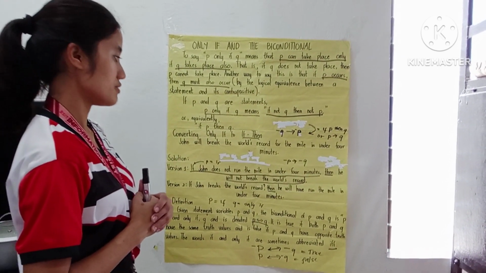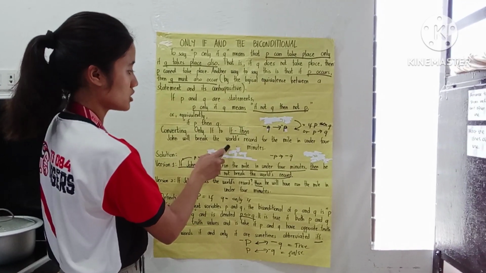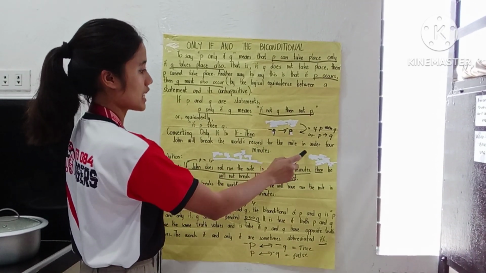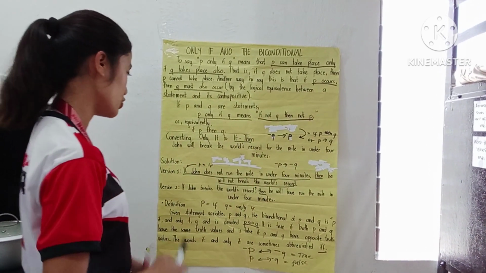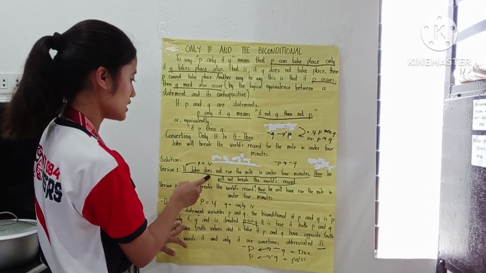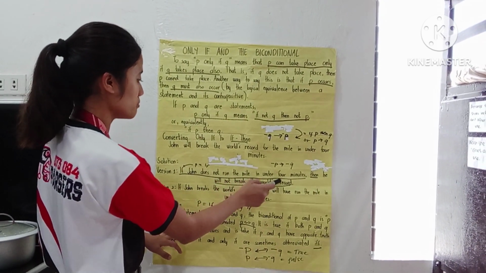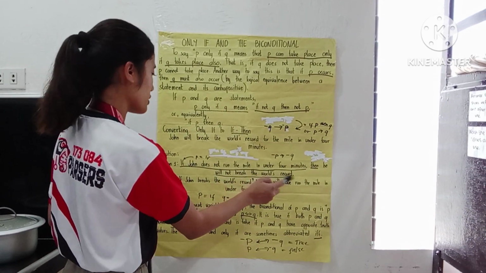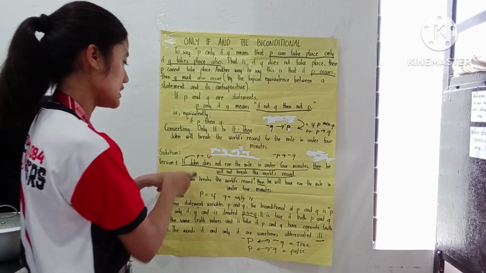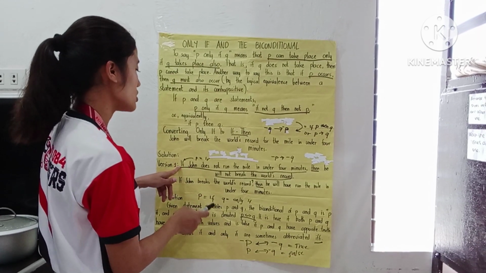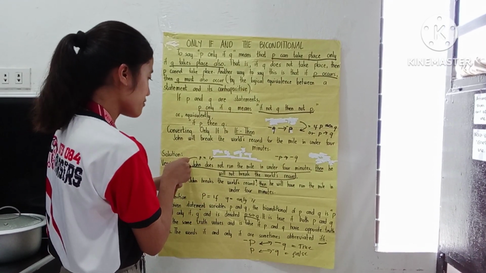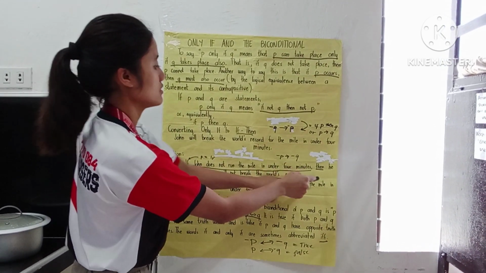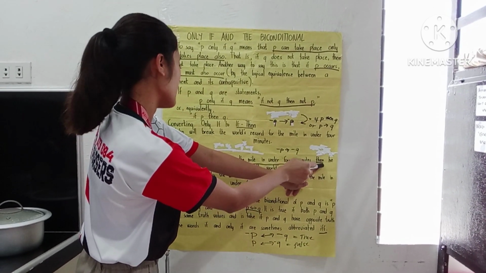Converting only if to if then: John will break the world's record for the mile only if he runs the mile in under 4 minutes. Solution: if John does not run the mile in under 4 minutes, then he will not break the world's record. This is an if then statement because we use if and then here.